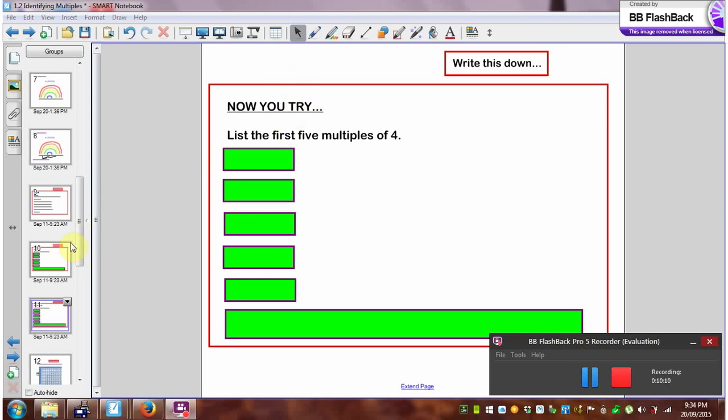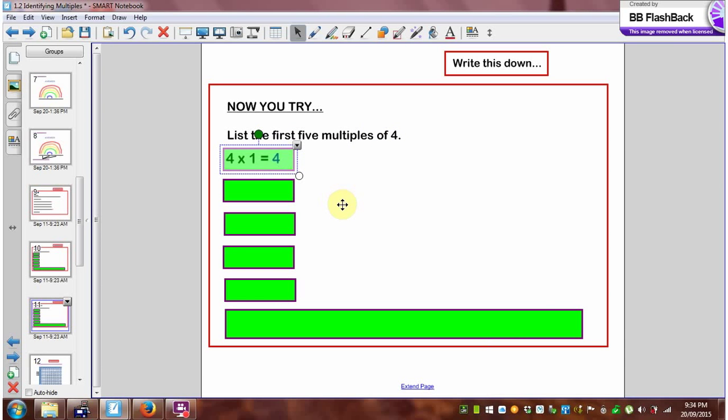Okay, so like our previous example, we're looking for multiples of 4, so we go 4 times a whole number. Our first whole number is 1. 4 times 1 is 4. Check and see if you're doing it right so far. 4 times 2 is 8. So 8 is our next multiple. 4 times 3 is 12.